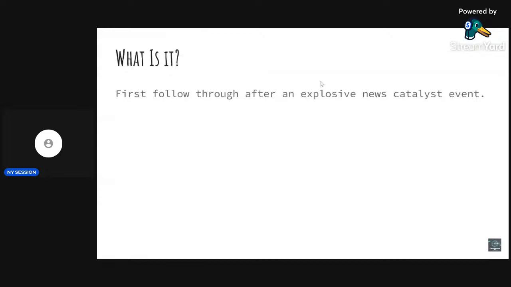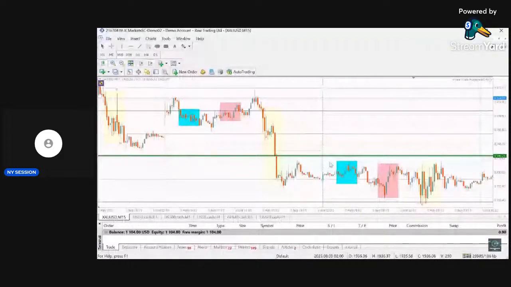Let me see here. All right, so what I did was I went back all the way to the 1st of August. I wanted to show you quite a few examples just to nail it home as to how to go about taking the first bounce trade and to erase any doubts or any misunderstandings that there might have been.